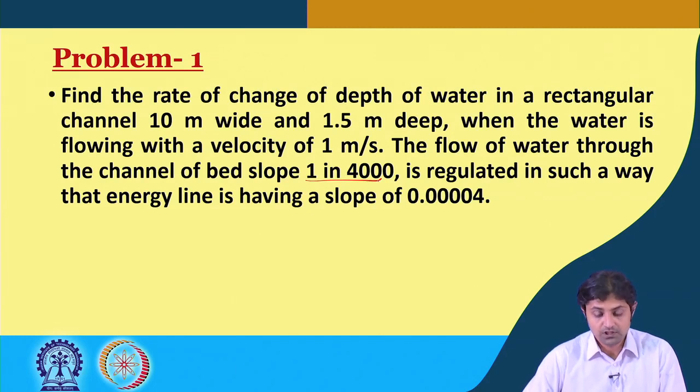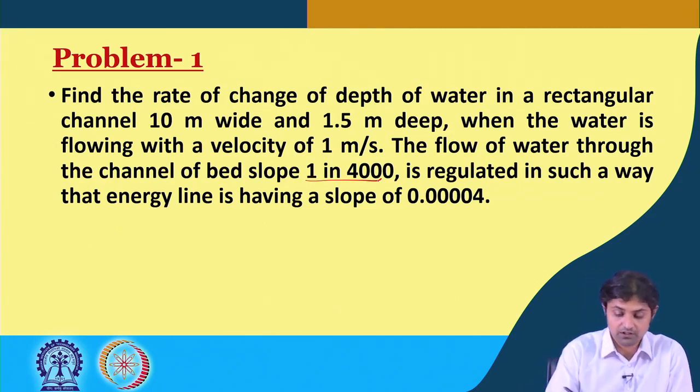0.00004. We have been given S naught, we have been given SF and the velocity. What we have to find is the rate of change of depth of water, so we have been asked to calculate dy by dx.